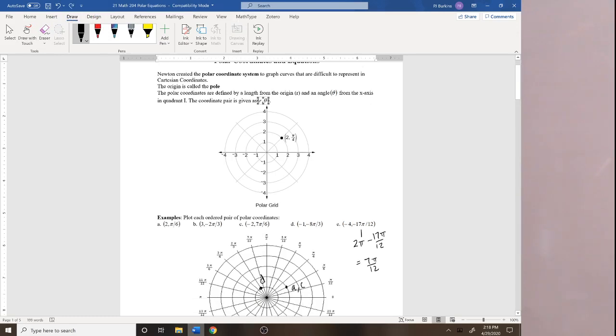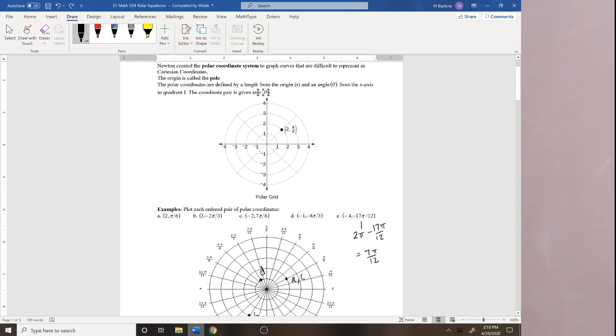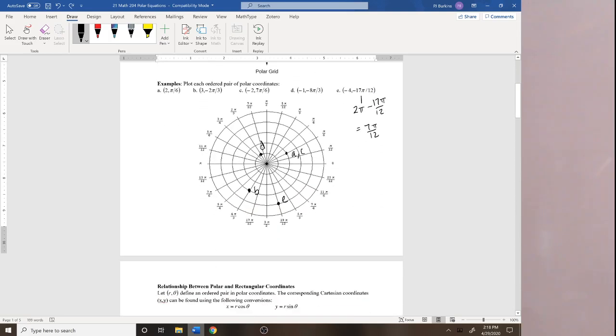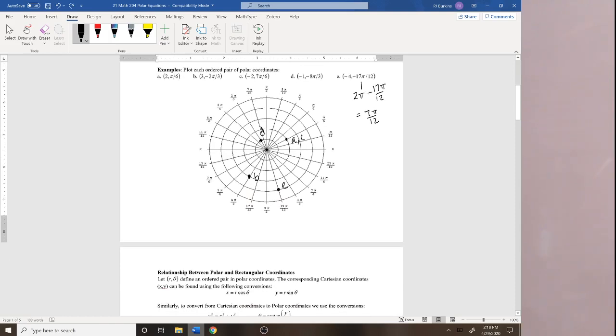And we can define points by many different values of r and theta. So the first exercise down here was just to plot these points on the polar plane. So the first one is radius of 2 and an angle of pi over 6.